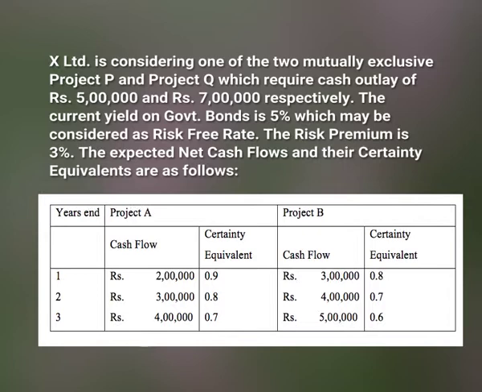The certainty equivalent for project A is 0.9 in the first year, 0.8 in the second year, and 0.7 in the third year. For project B, the cash flow is 3 lakhs in the first year, 4 lakhs in the second year and 5 lakhs in the third year. The certainty equivalent for project B is 0.8 in the first year, 0.7 in the second year, and 0.6 in the third year.